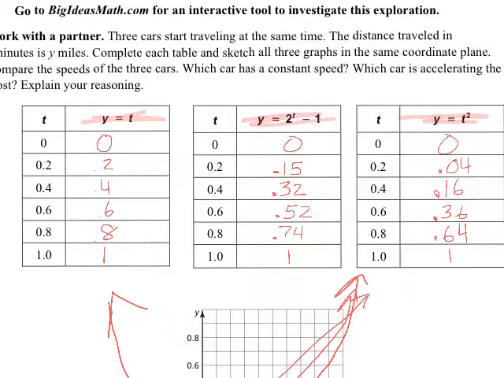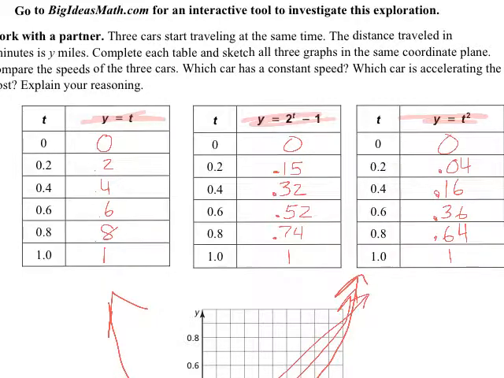Quadratic data, that one's new to us. If we look at quadratic data, the second differences are the same. So the first differences are the same with linear. That's the constant rate of change. What is constant with quadratic is the second difference. So the change, follow me here, the change is changing the same way every time.